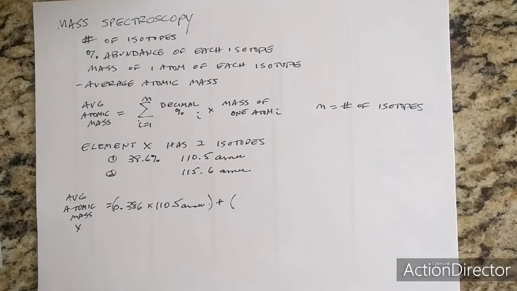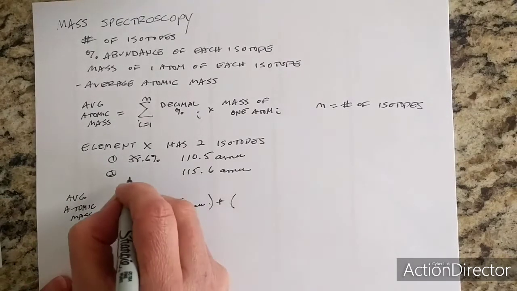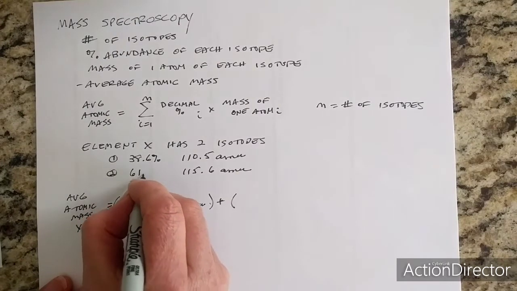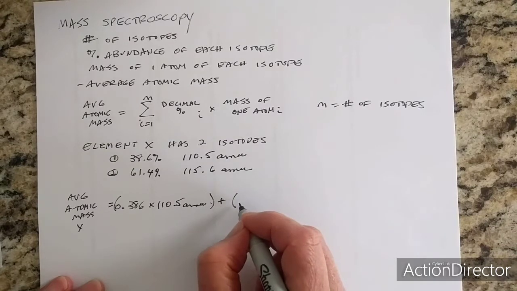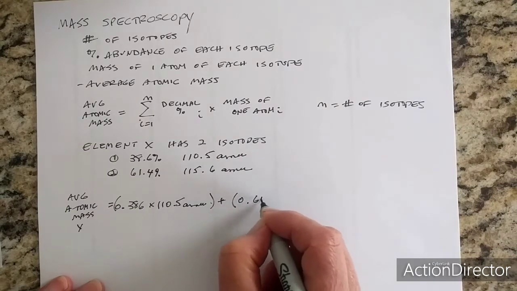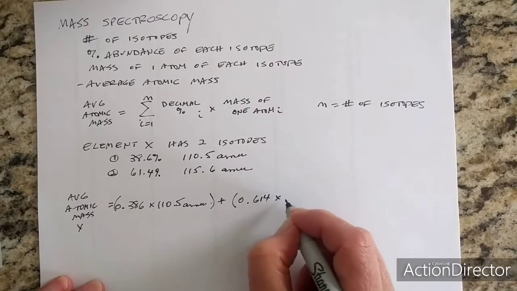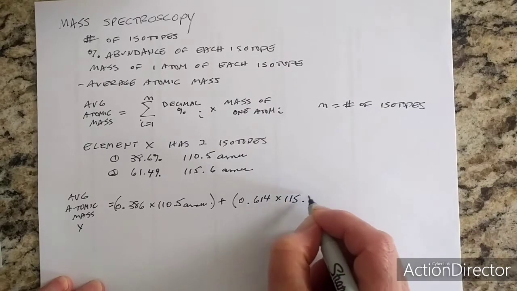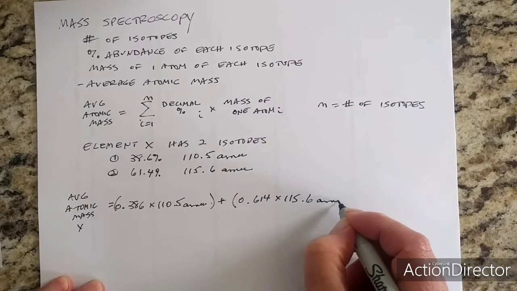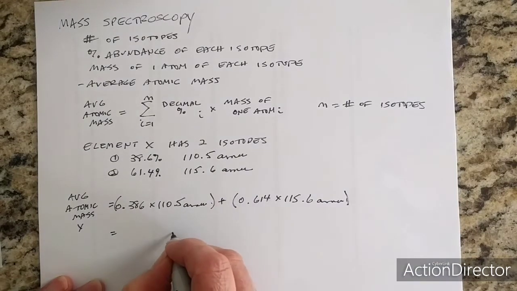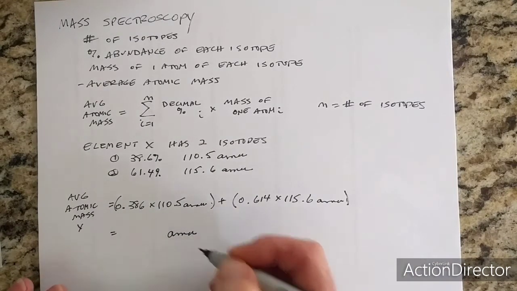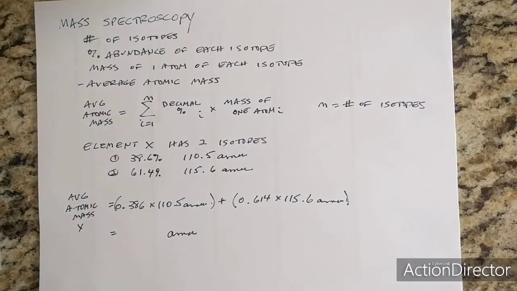The problem didn't give us that, but our percent abundances must equal 100%. So based on that, this has to have a percent abundance of 61.4%. They must add up to 100. So we have 0.614 times 115.6 atomic mass units. And we just do that math, and our unit is atomic mass units.